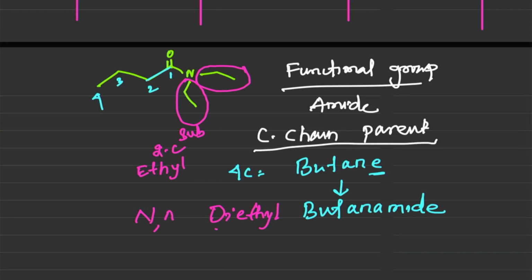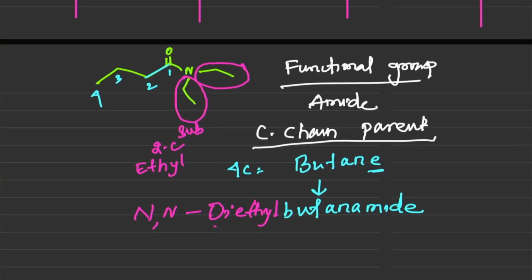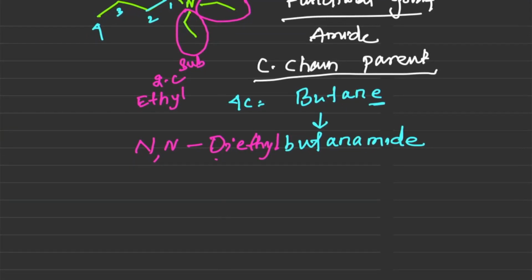So you have to put N,N-diethyl butanamide. You bring these into one word, butanamide, uncapitalized. So that's N,N-diethyl butanamide. Okay, let's do one more practice and then you can move on.